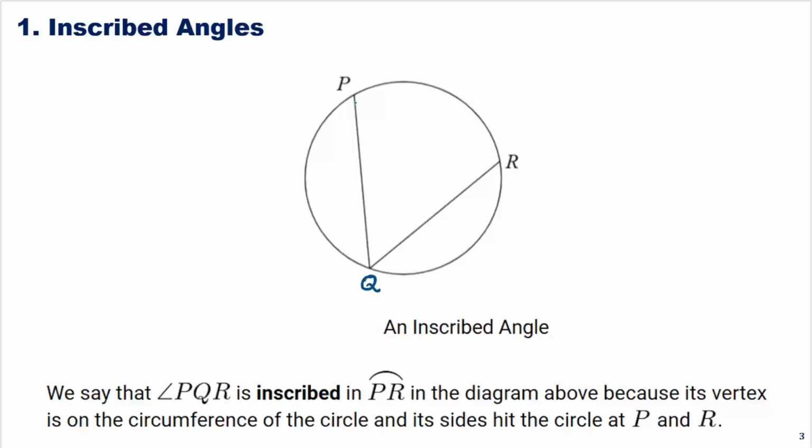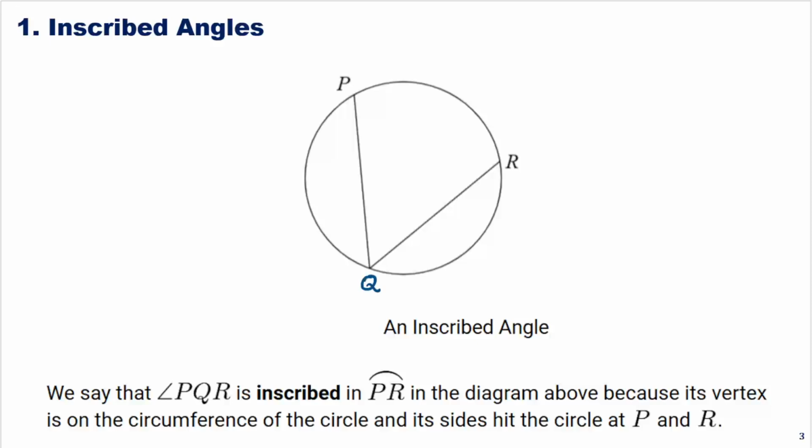We say that angle PQR is inscribed in arc PR in the diagram above because its vertex is on the circumference of the circle and its sides hit the circle at points P and R. Actually, inscribed angles are enormously useful tools in geometry. In this lesson, we'll explore how inscribed angles are related to the arcs they cut off.